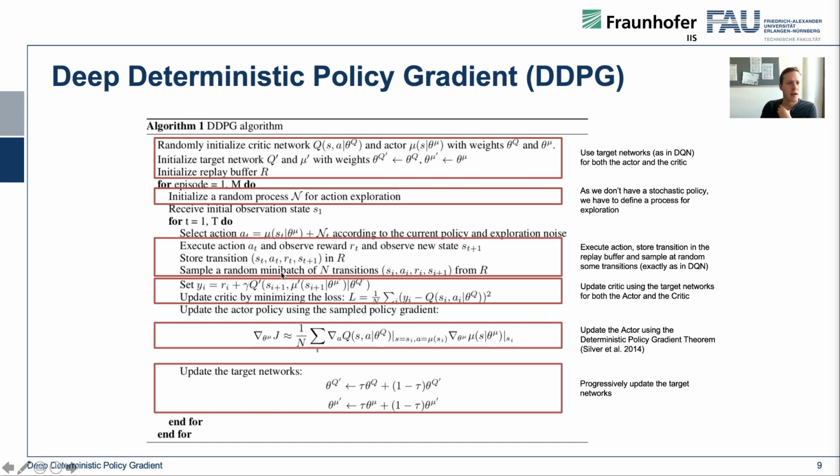What you then do is update your critic network by minimizing the mean squared Bellman error loss, using the action proposed by your policy network to get your Q-learning target. Then you update your actor policy using the usual policy gradient, in this case the deterministic policy gradient theorem. If you're interested, look into this one. And every once in a while, or in this case every iteration, you update your target networks using a Polyak update.